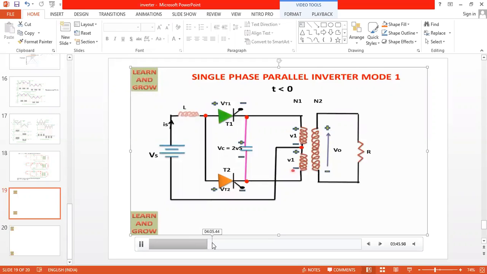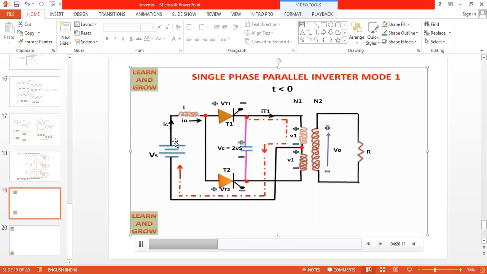You can see the direction of the current now. We have already discussed that if the capacitor is not there, we cannot achieve the pulsated signal here. Therefore, current flows through the SCR. Every student can see the direction of the current under mode 1 when the supply is on and T1 is on.